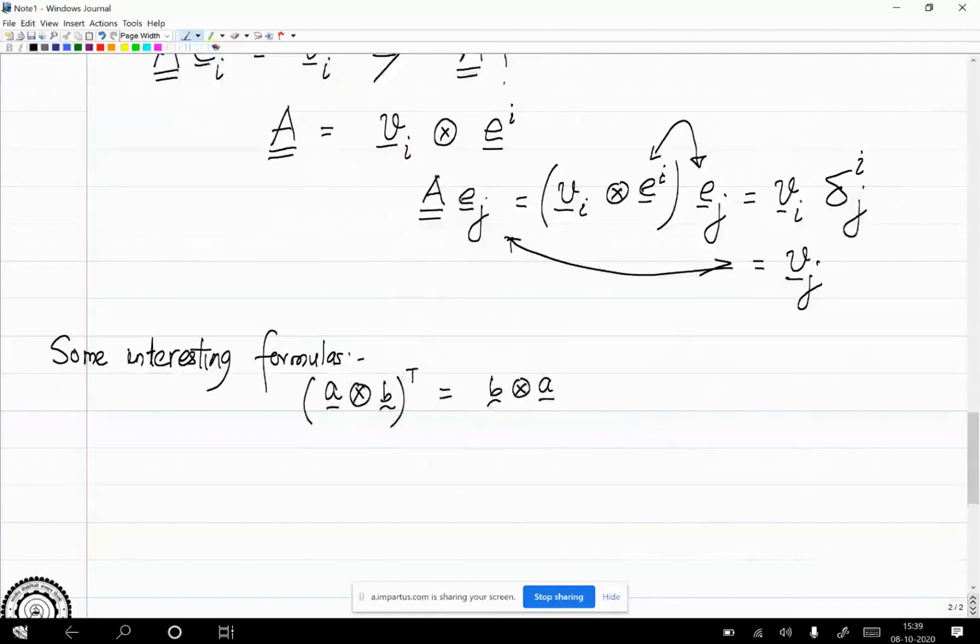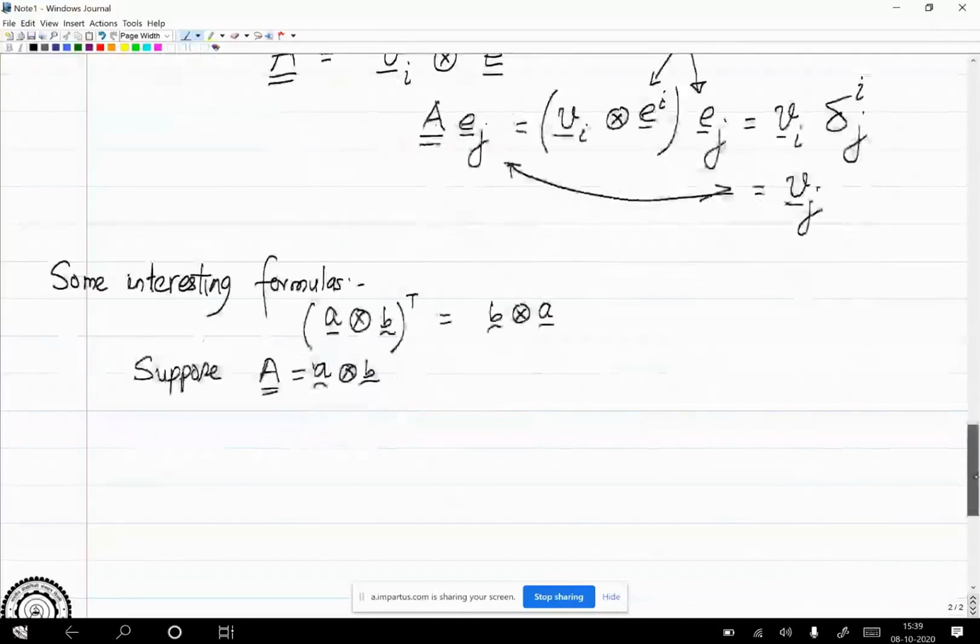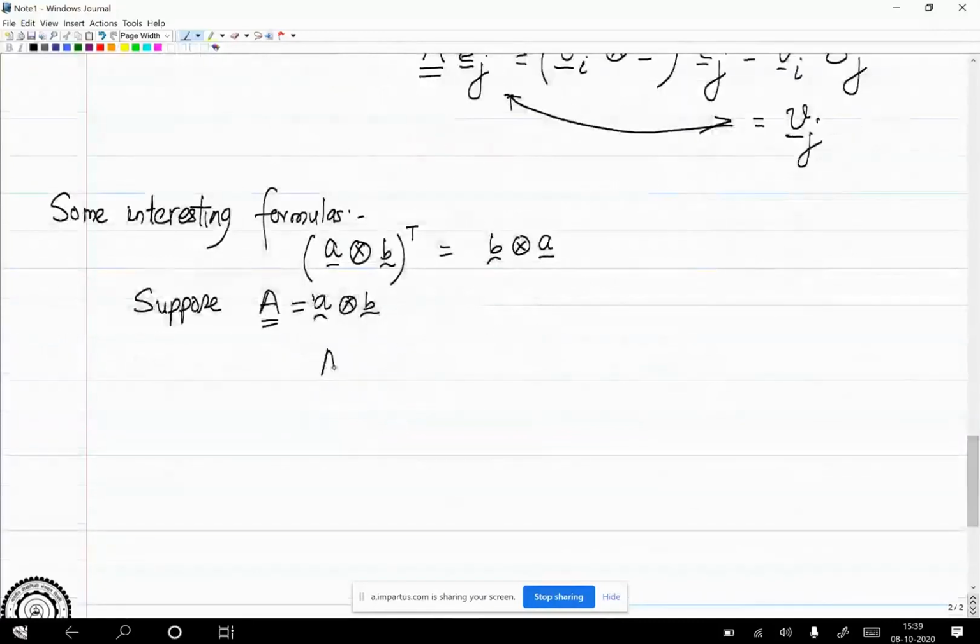See, the proof is also quite simple. Suppose big A is equal to A tensor product B. Then you remember the transpose definition.